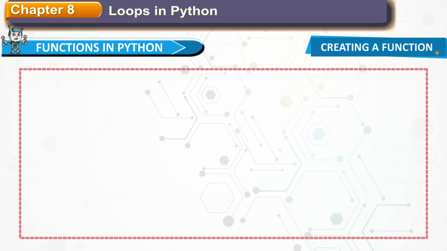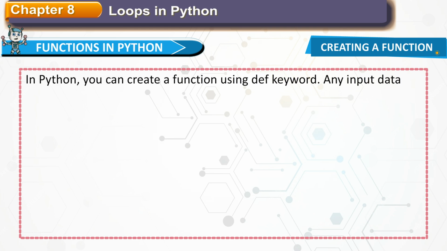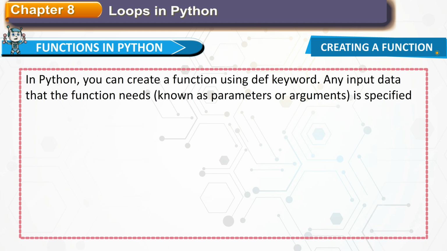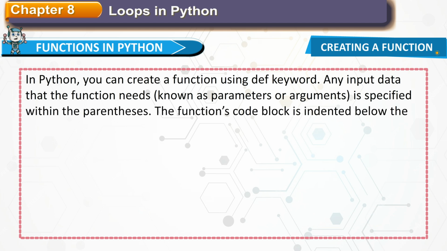Creating a function. In Python, you can create a function using the def keyword. Any input data that the function needs, known as parameters or arguments, is specified within the parentheses. The function's code block is indented below the function definition.